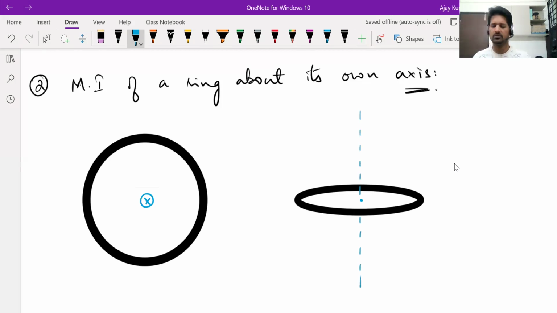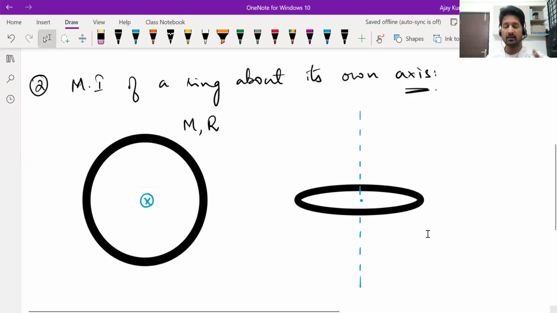This is what we call the own axis of a ring. Same for a disk also. Assume the ring's mass is m and its radius is r. Usually for a ring, the only dimension you need to specify is the radius. Derive its moment of inertia about this axis.